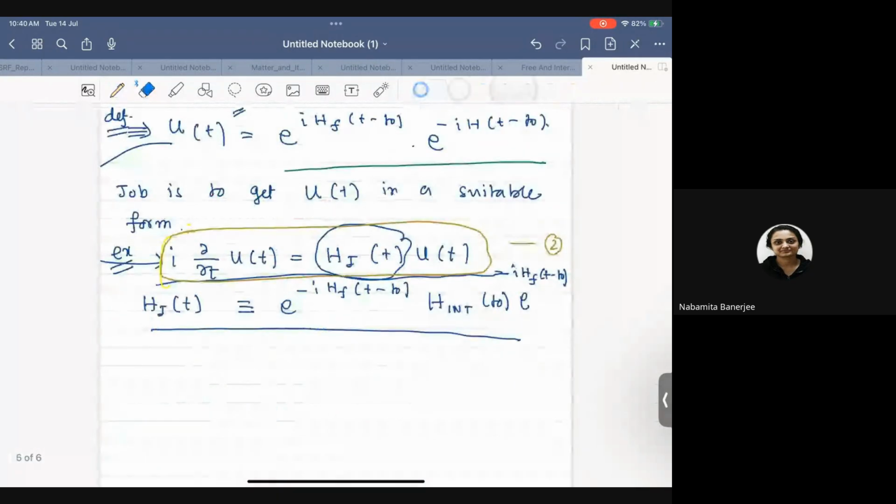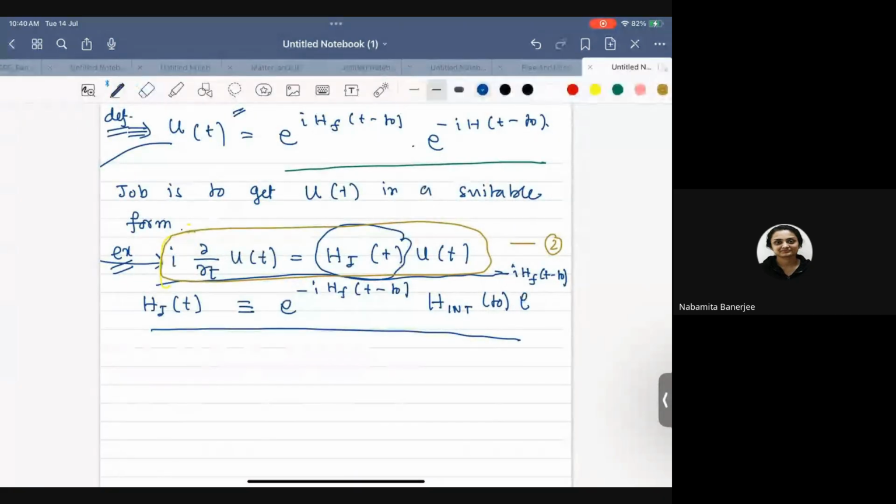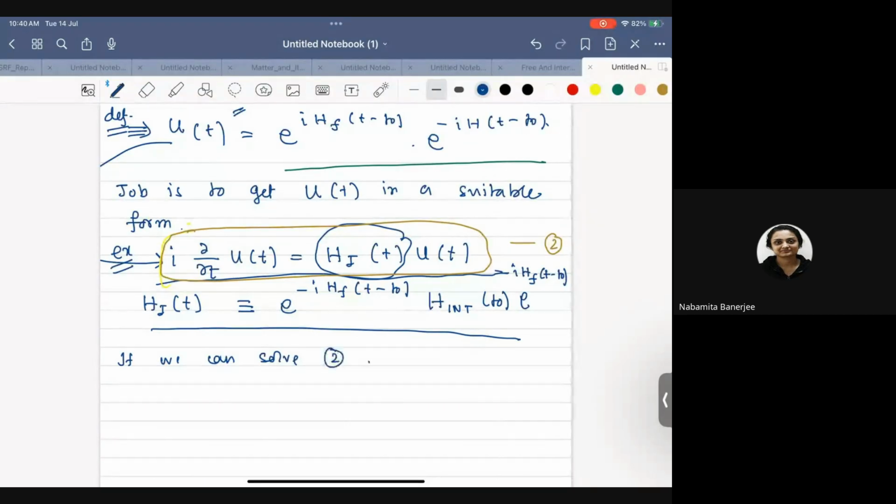So if we can solve 2 and put back the solution in 1, we know this operator. The operator of my interacting theory, I would know it completely. So then my immediate goal is to solve 2.